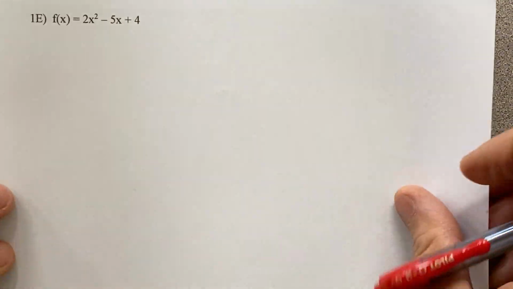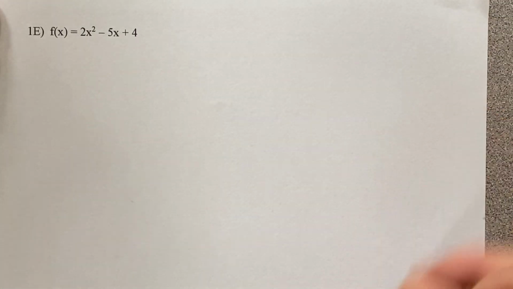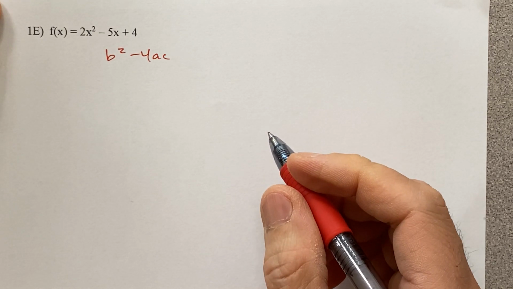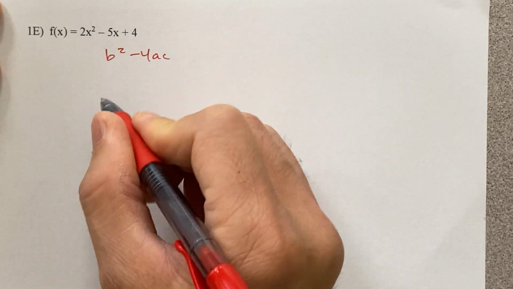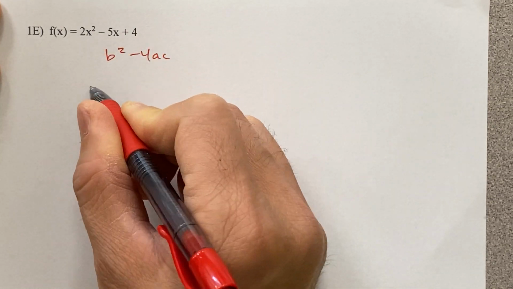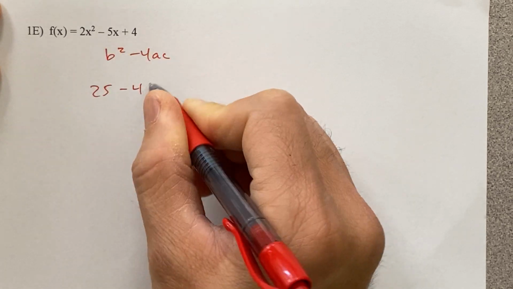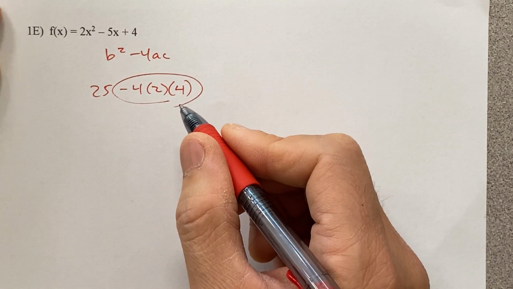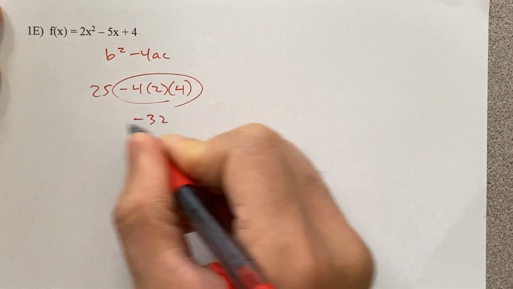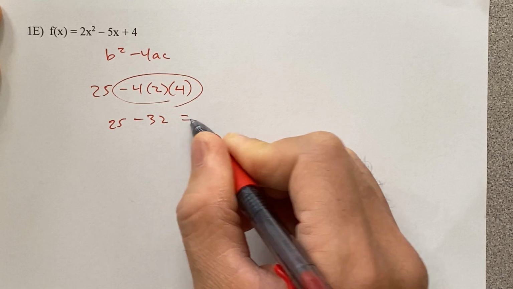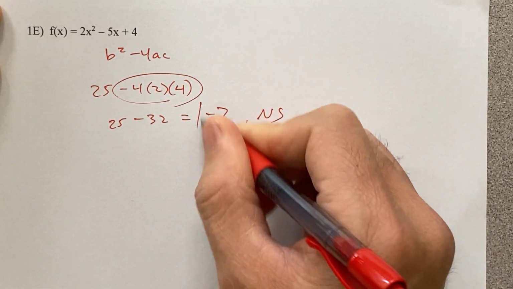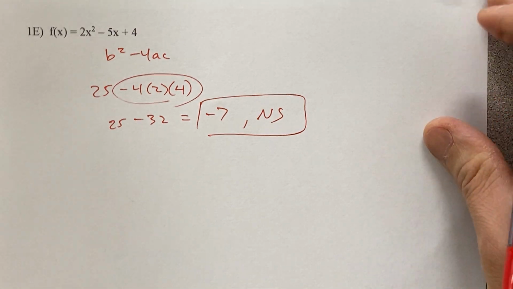Okay, take a look at problem 1e. Once again, just going over that b squared minus 4ac over and over again. Okay, so b squared is negative 5 squared, which is positive 25 minus 4 times a times c. If I multiply those together, again, I have a calculator to help me out, you will have no solution because it's negative.